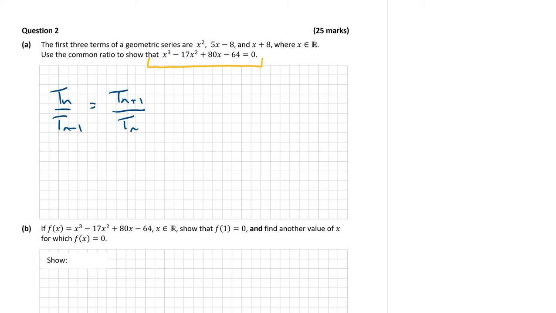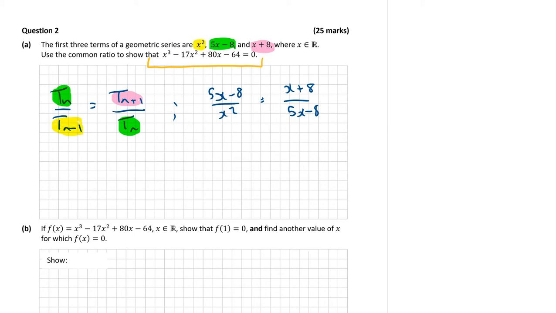So that allows us to set up an equation where, if we've got three terms here, we can say that 5x minus 8 over x squared is equal to x plus 8 over 5x minus 8, where that 5x minus 8 is our middle term here. We'll just call that term n. This term here is our next term, and this term here is our preceding term.